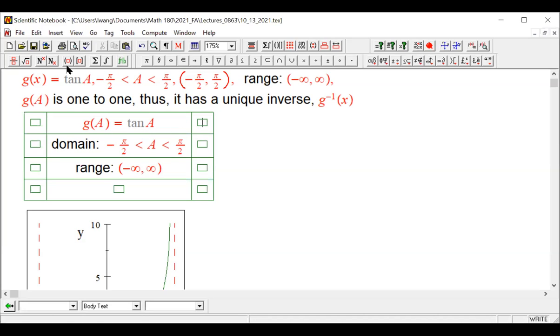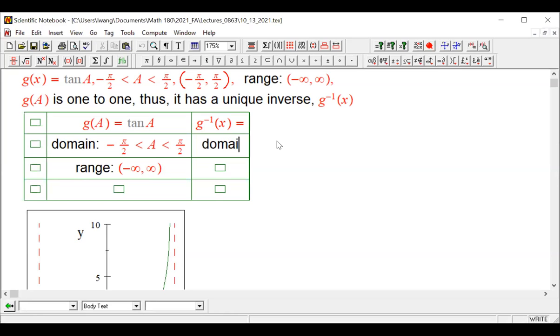And G inverse exists. The inverse function exists and is called G inverse. We're not going to give it a name yet. But because these two functions are inverse to each other, we already know the domain and range for G inverse. Do you guys follow me?